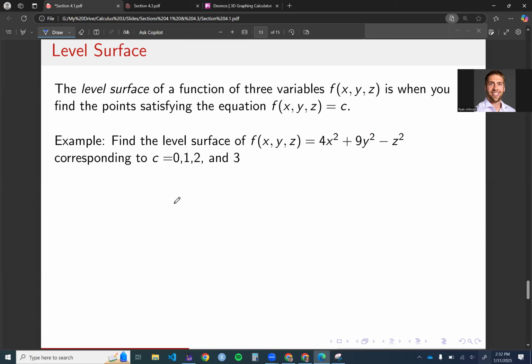Okay? So for instance, say you've got this guy right here. Then what are the surfaces that correspond to when it's equal to 0, 1, 2, 3?